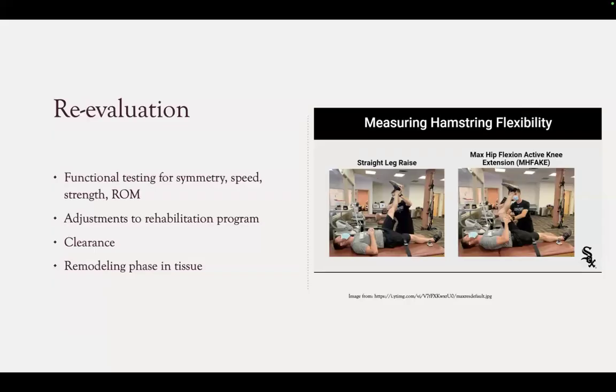And the PT, athletic trainer, and physician, during the testing, the physician can clear the athlete if there is good progress, there is no swelling, there is no pain, the athlete has good symmetry in the range of motion, the flexibility, and the strength, very importantly.